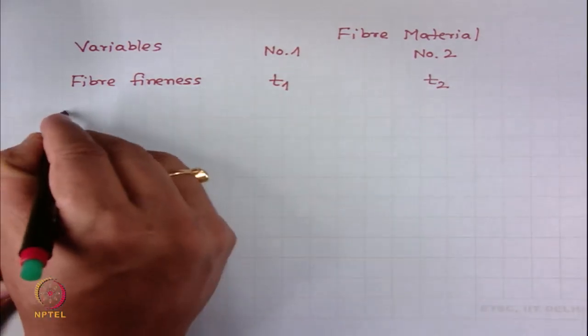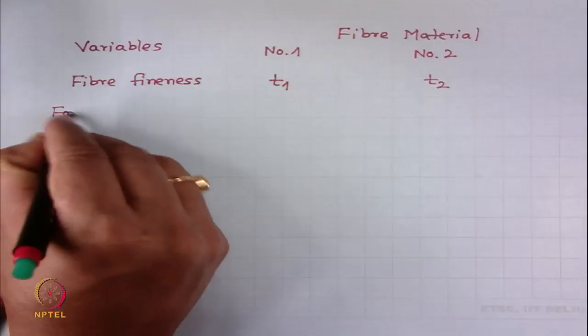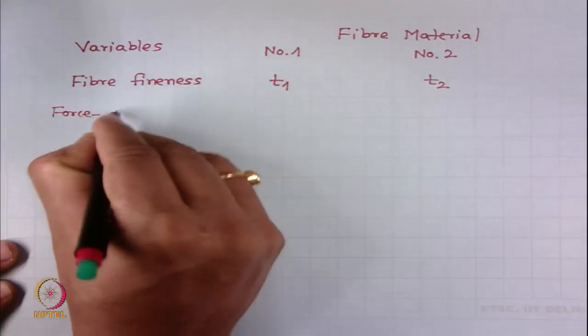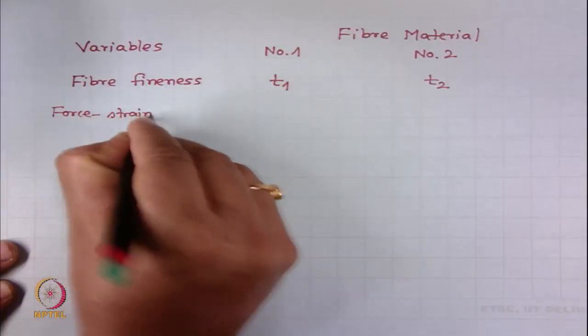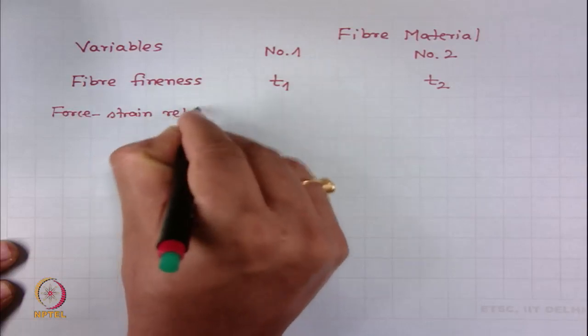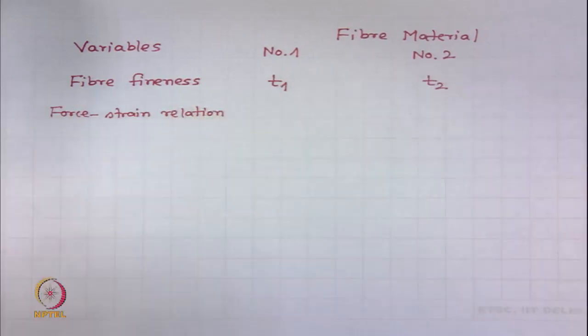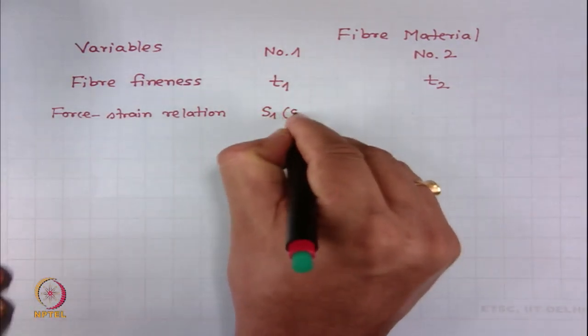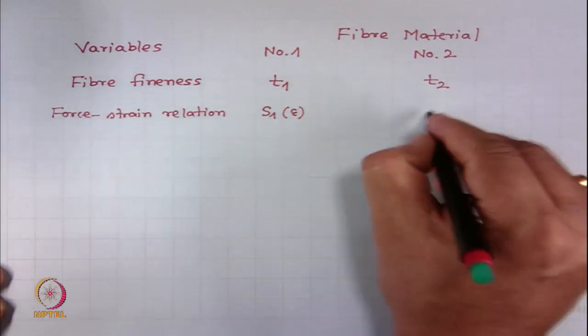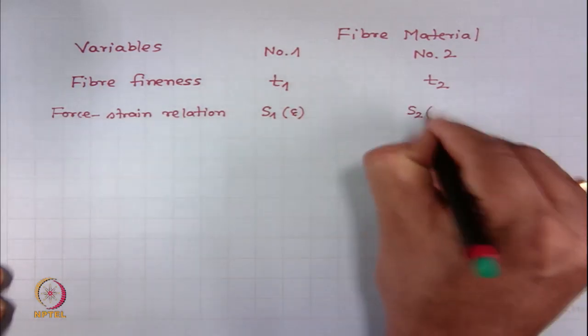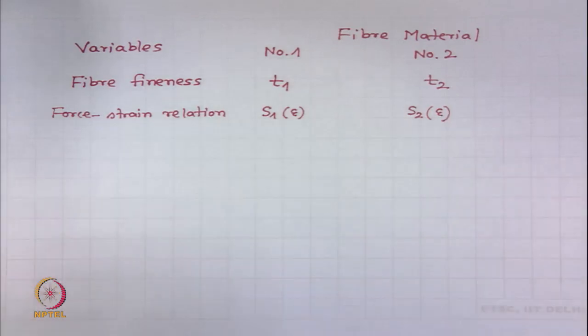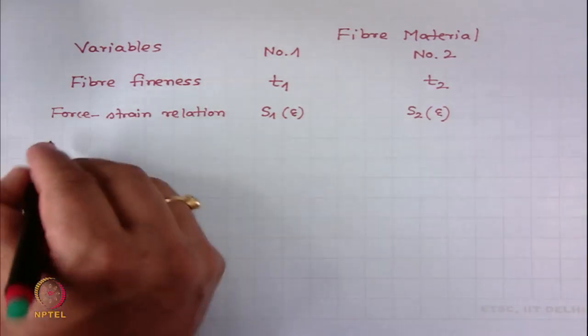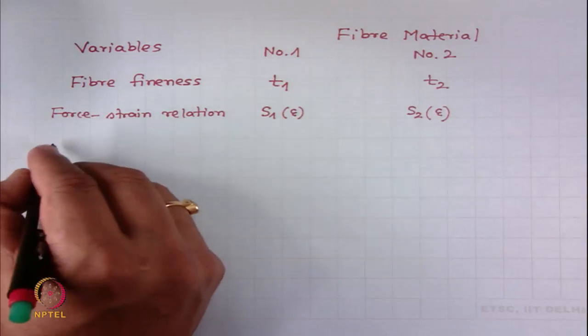Then second is force strain relation. For type 1, S subscript 1 is a function of strain, S subscript 2 function of strain. Then breaking strain of fiber, or strain at break of fibers.